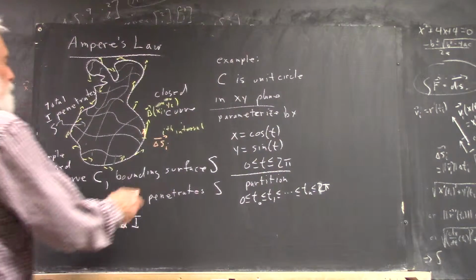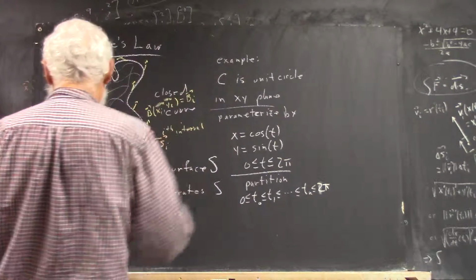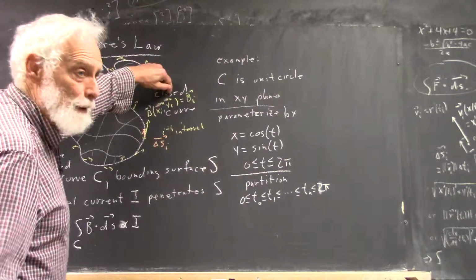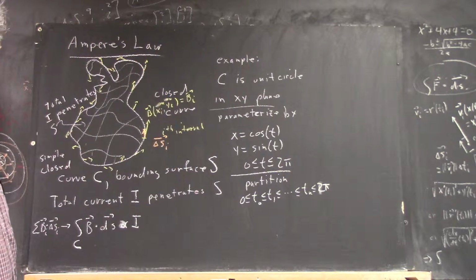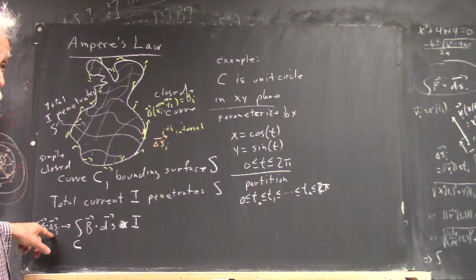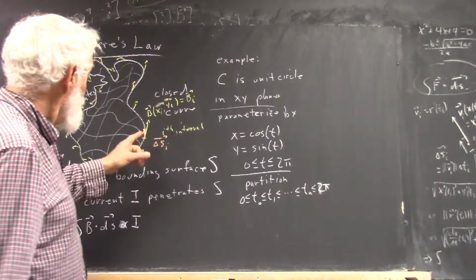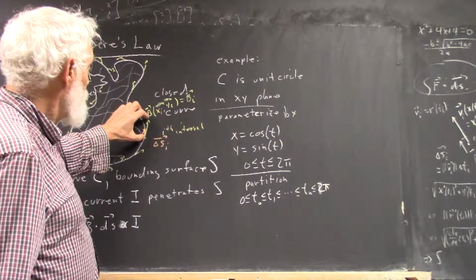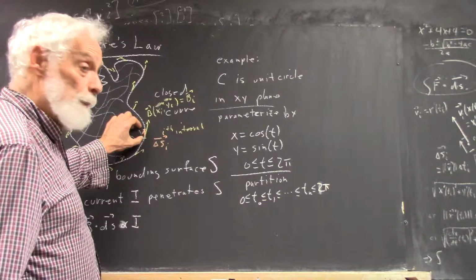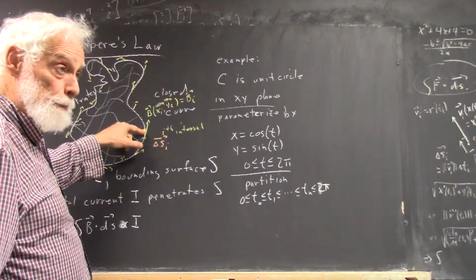I didn't call this B sub i, but this is what I'm going to call B sub i, because I don't have room down here to write the x sub i star, y sub i star. This is just a point within the interval. This is the vector displacement on that interval. We do the dot product, which in this case will be pretty close to the product of the magnitude of B times the magnitude of delta S, because the cosine of this angle here is pretty close to 1.